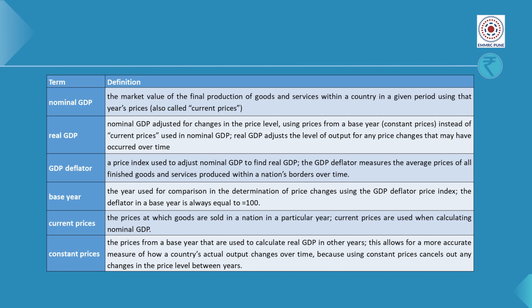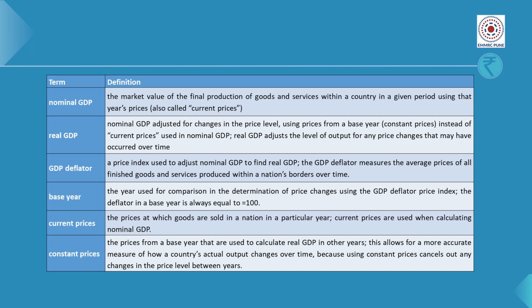GDP deflator: a price index used to adjust nominal GDP to find real GDP. The GDP deflator measures the average prices of all finished goods and services produced within a nation's borders over time. Base year: the year used for comparison in the determination of price changes using the GDP deflator price index.